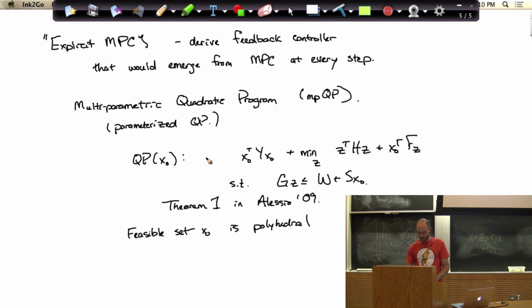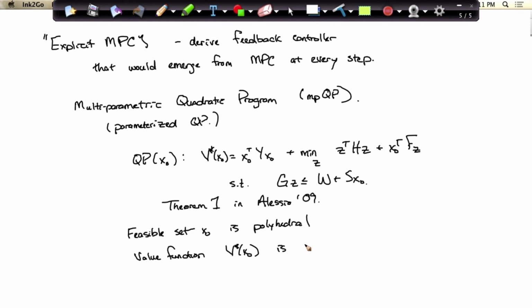The resulting value function has lots of nice properties. It's continuous, convex, and piecewise quadratic.